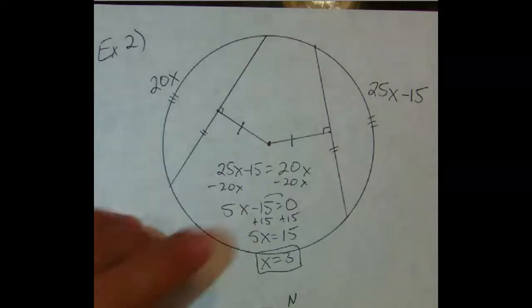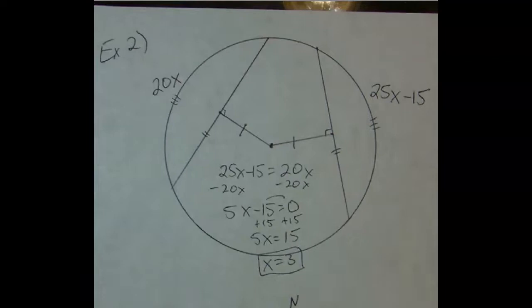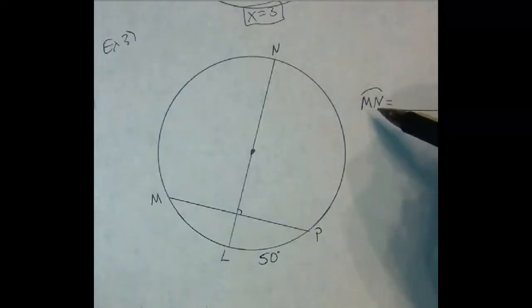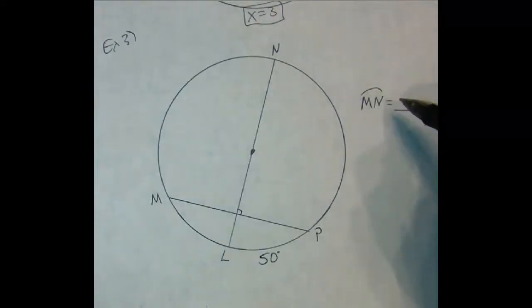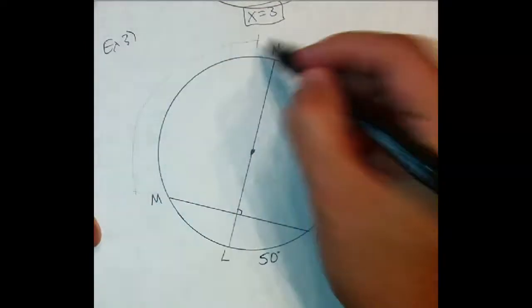All right, let's look at our third example. Example number 3, we need to find the measure of arc MN. Well, here is arc MN.